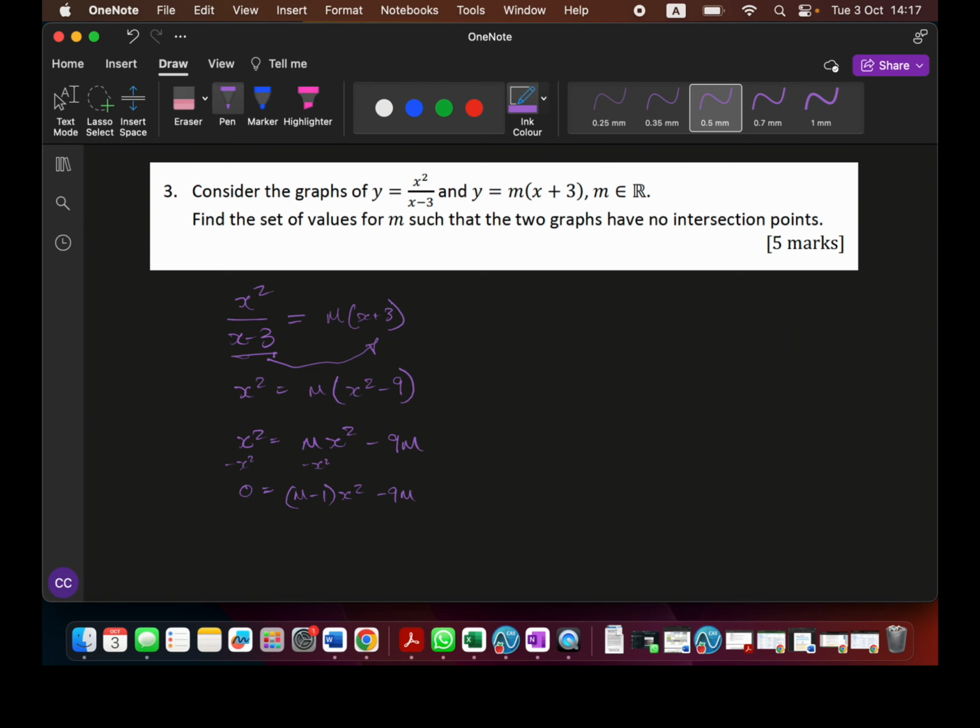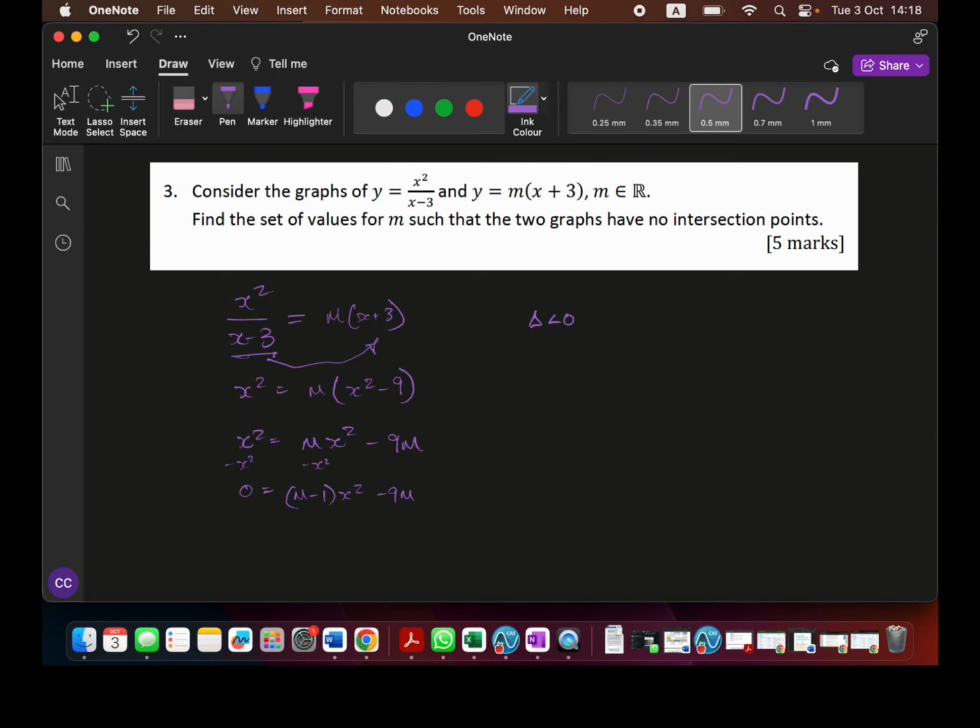So what I'm going to use in order to solve this is the discriminant. I'm strictly looking for when the discriminant is less than 0, because then there's no intersection.